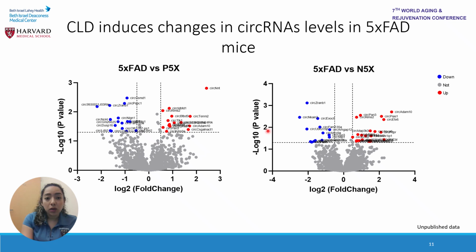The volcano plots show downregulated circRNAs in blue dots and upregulated circRNAs in red dots across both comparisons, 5XFAD versus P5X and 5XFAD versus N5X. After that, we identify the top circRNAs between comparisons.